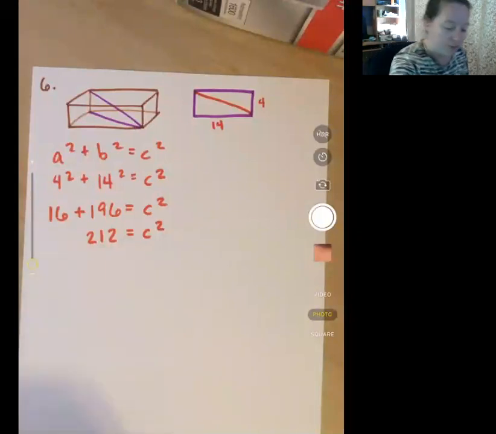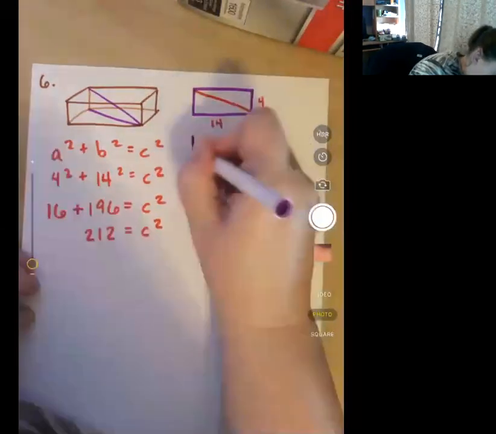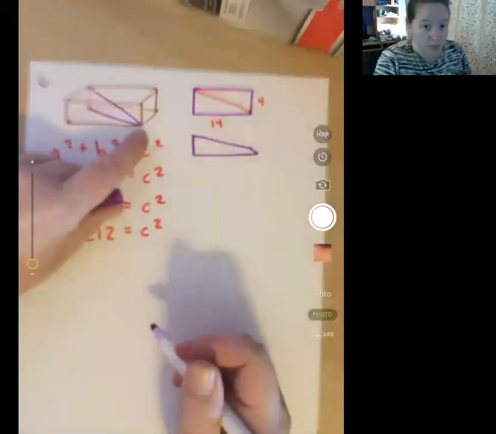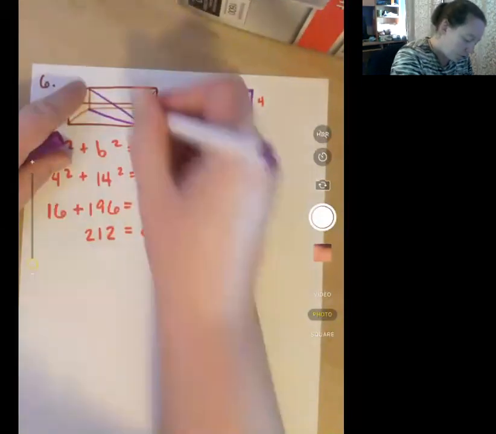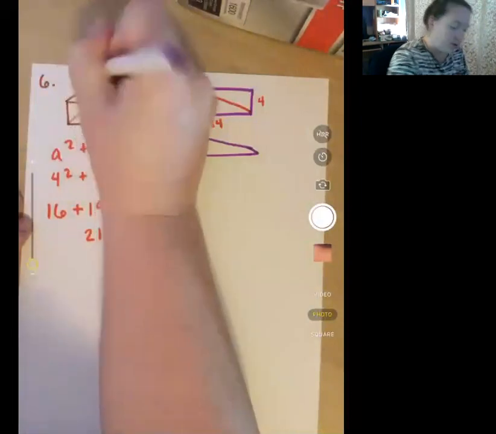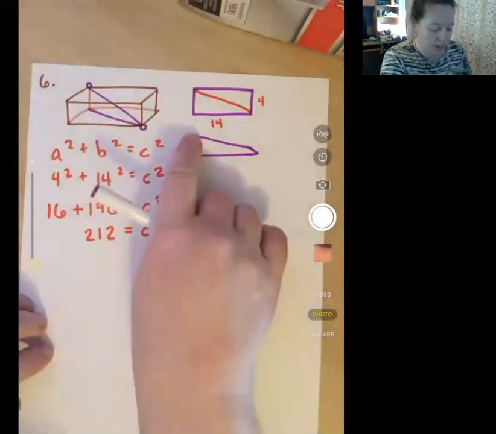So now we have our triangle, our purple triangle, remember? This is the one that is going from this bottom corner all the way up to that top corner. So we're going from here all the way up to here. That's where we're going. So that line is from here to here.